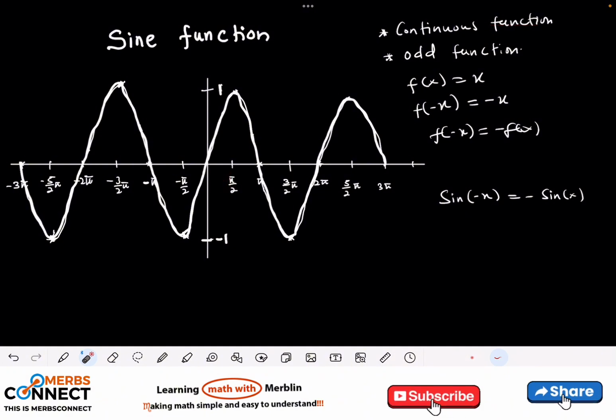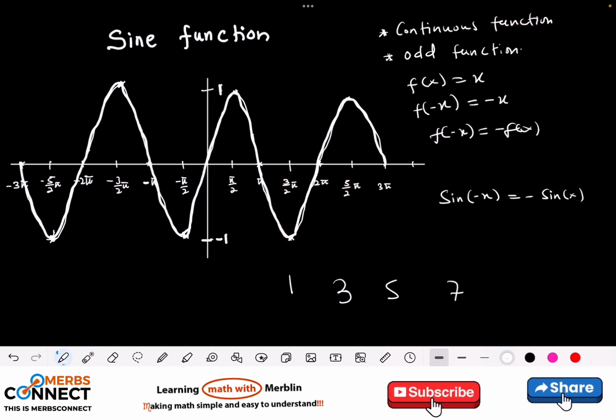If this one is 3, we have negative 1, then 5. So we have 1, 3, 5, 7, 9 going, and the results go 1, negative 1, 1, negative 1, in that order.